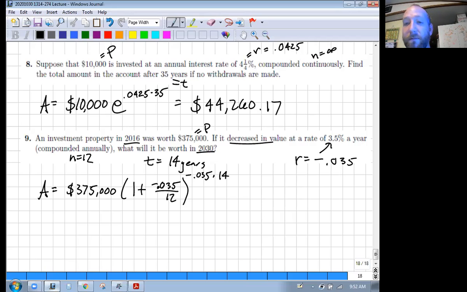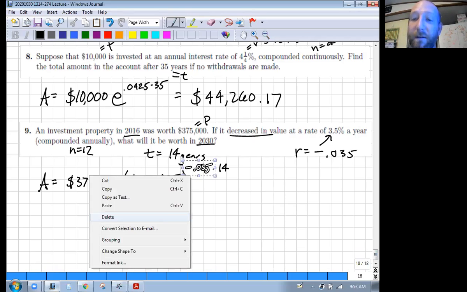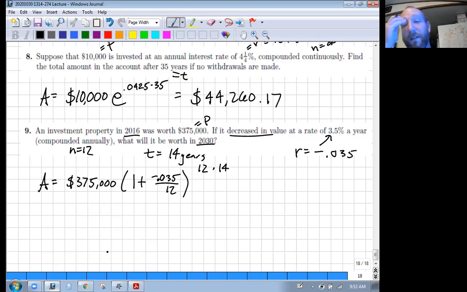Sorry, the 12 is the number of times we're compounding. The interest rate only shows up inside here. So let's see, 12 times 14 is 168. Knowing that, I can now tackle this with my simple iPhone calculator.